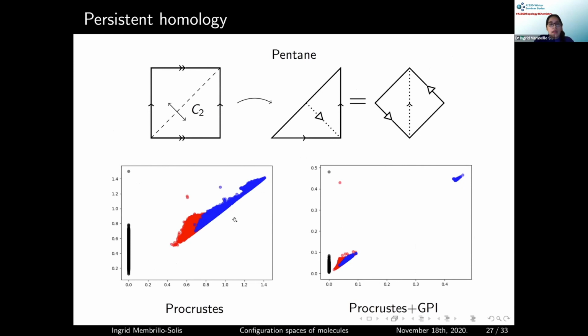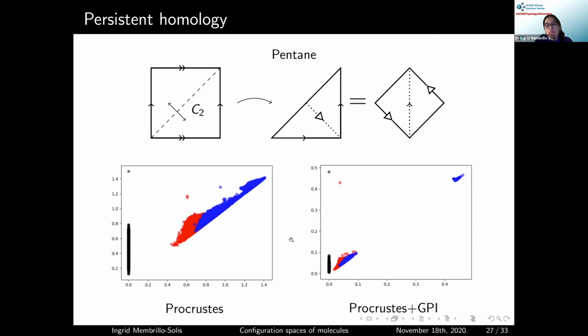Now we check again with persistent homology the topology, for instance, of pentane. The topology of pentane seems to be like a torus, so we have one connected component, two holes, and one void.